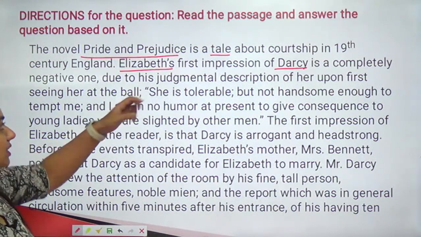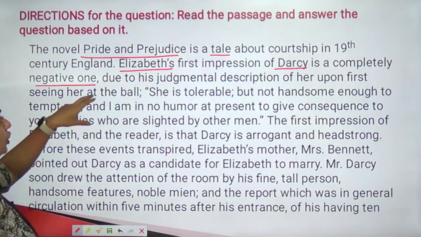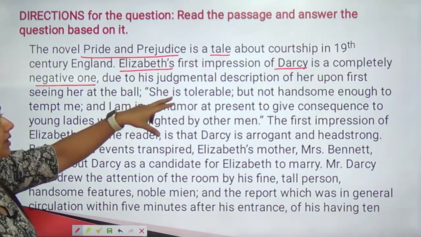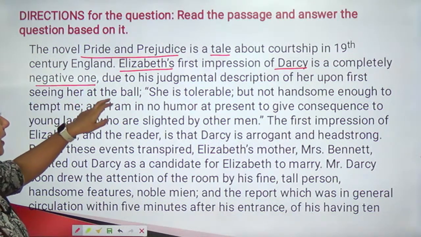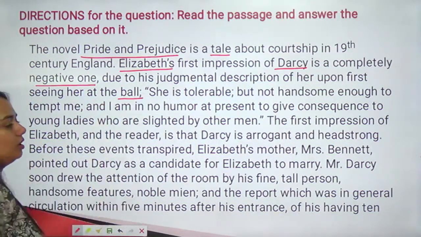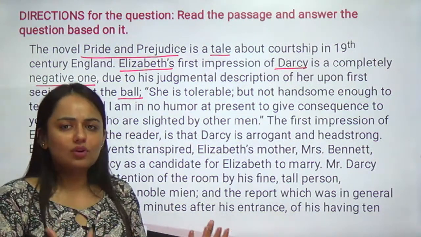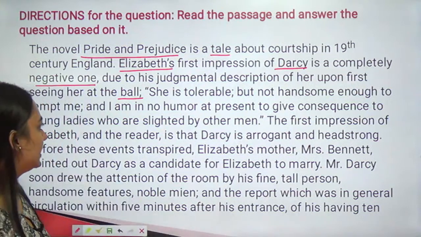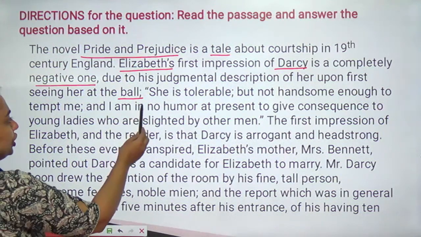Elizabeth's first impression of Darcy is a completely negative one due to his judgmental description of her upon first seeing her at the ball. A ball is a kind of gathering. People used to dance, have fun and food, a feast kind of function.